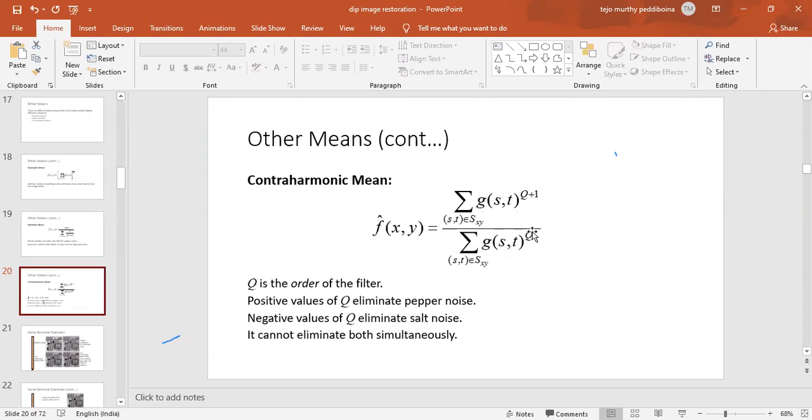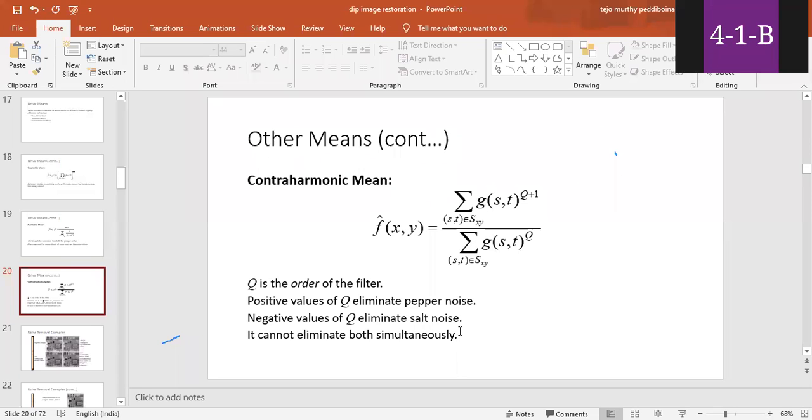If you summate all the neighborhood values to the power of q plus 1 by g(s,t) whole power q, then this type of filter removes the pepper noise. Positive values of q eliminate the pepper noise, and negative values of q eliminate the salt noise. It cannot eliminate both simultaneously.